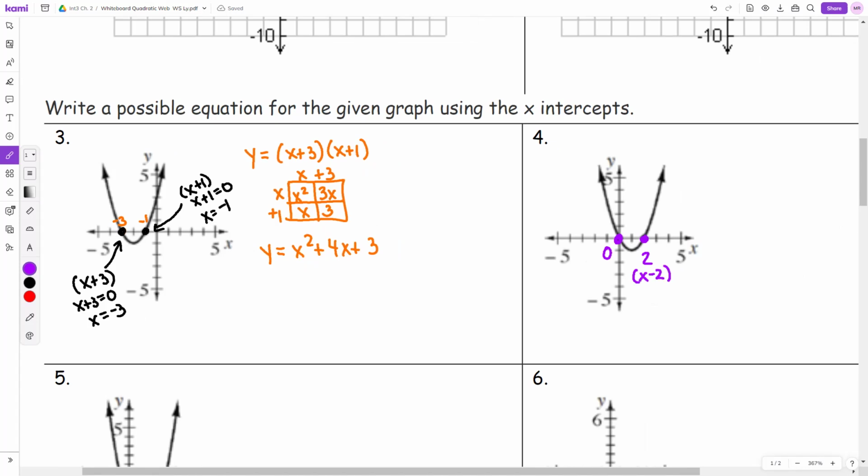So the factor x minus 2 gave me the x-intercept of 2. The factor that gave me the 0 is an x. So this equation would be y is equal to x times the quantity x minus 2. Or you can multiply it out. In this case, you would just distribute it and get an x squared minus 2x.